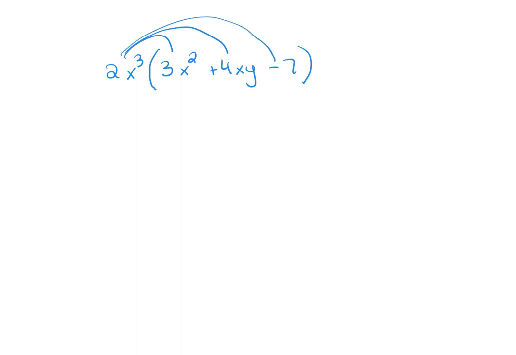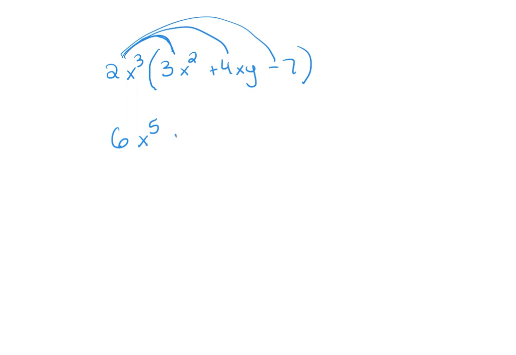All right, so now multiplying some polynomials. Here I've got 2x to the third, a monomial, being multiplied by a trinomial, 3x squared plus 4xy minus 7. This is just the distributive property. 2 times 3 is 6, and then x to the third times x squared, add your exponents.